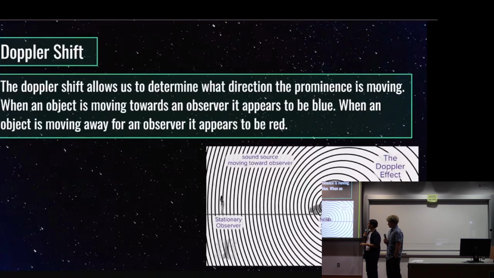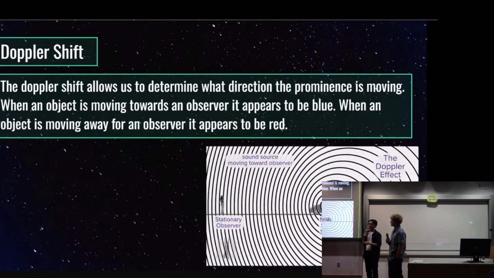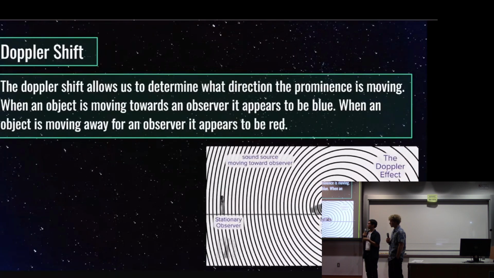As it comes closer, the waves compress, so when it reaches you, the observer, the pitch of the siren is higher. And when it's moving away from you, the waves are stretched out, which leads to a lower pitch. And applying this to prominences, this also happens with light waves.